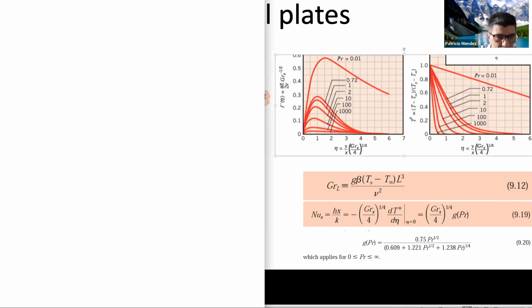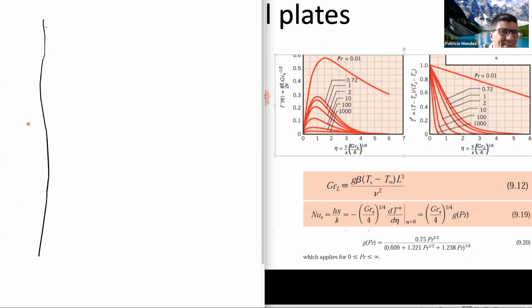Let's see if this Bluetooth works. Well, things seem to be rebelling. Okay, too bad. Here, finally. Okay, so in a vertical plate now, that should be straight. Let's make it better.